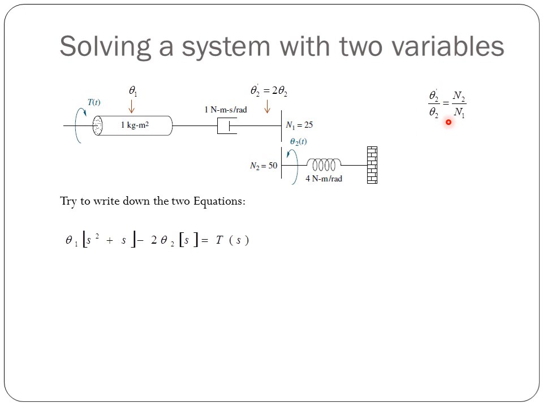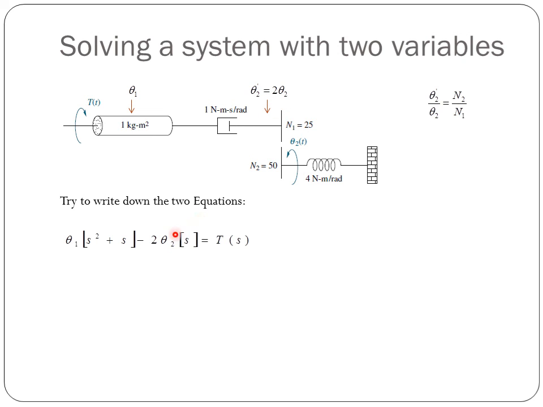This formula is from our previous slide, and then we can write theta 2 dash is equal to 2 theta 2, because n2 by n1 is 50 by 25, which is equal to 2. So instead of writing theta 2 dash here, we can write simply 2 theta 2.